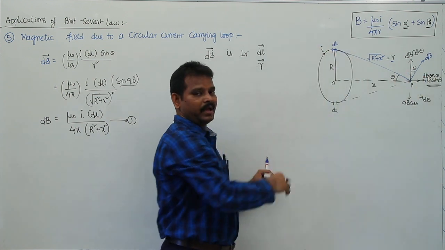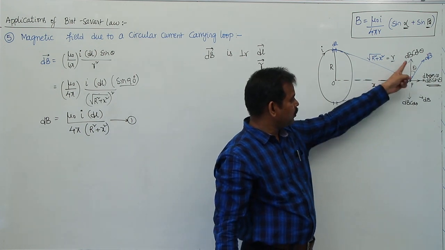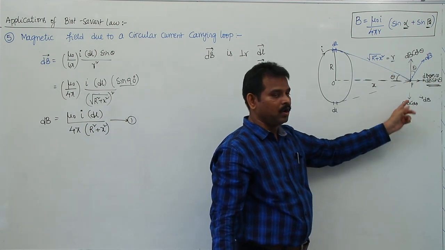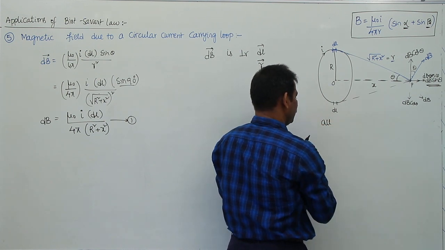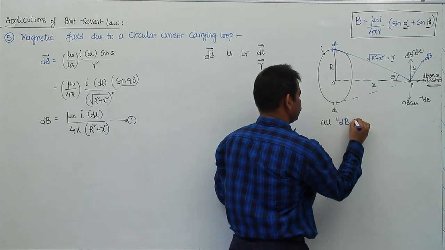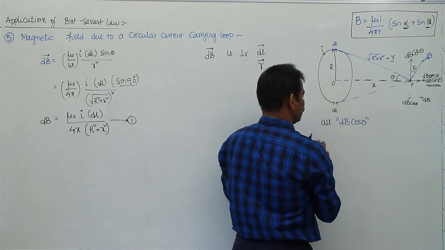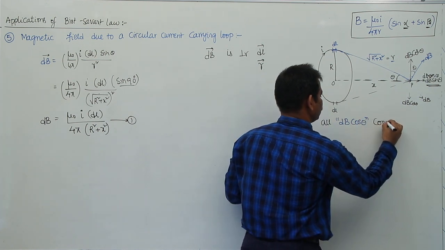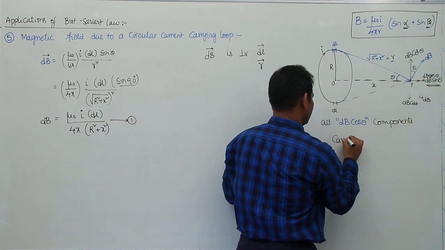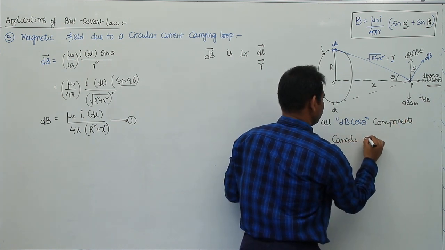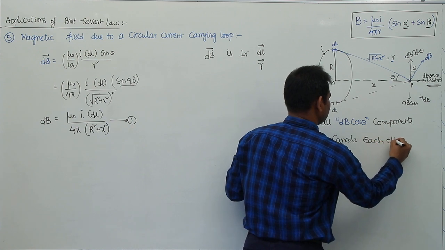As it is a symmetrical diagram, all the vertical components, that is the dB cos theta components, will cancel each other out.